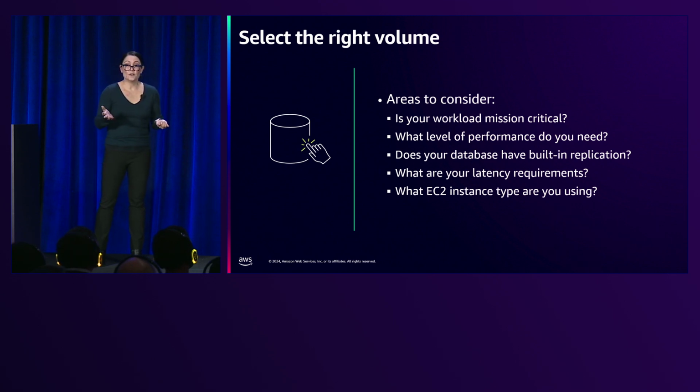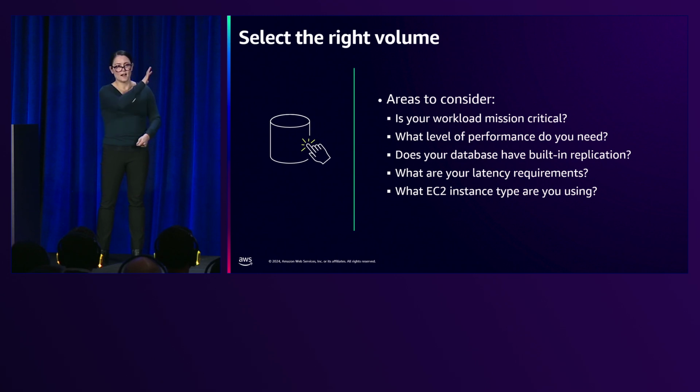Are you going to be using any built-in features of your database that replicate data to a different availability zone or region? That's another thing to consider. And similarly, on the performance front, do you need the highest and most consistent performance of IO2 Block Express, or is your application going to be generally satisfied by GP3's performance, which has a great price performance profile?